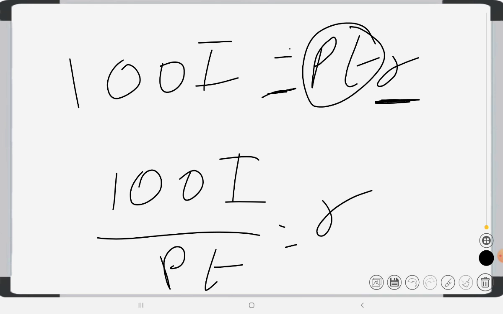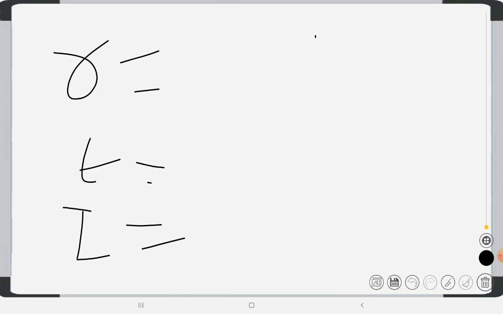Now R is given, T is given, I is also given. How to find P? R we know, T we know, I also we know. P is equal to what?